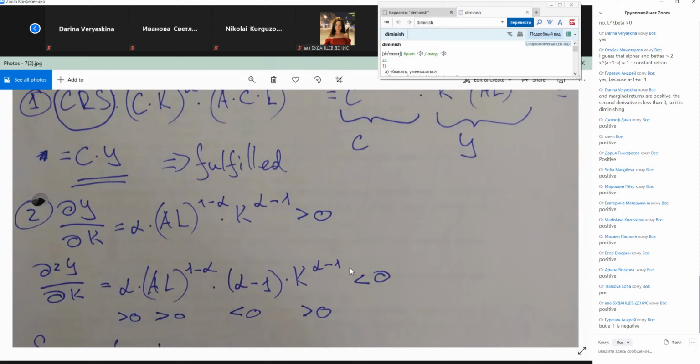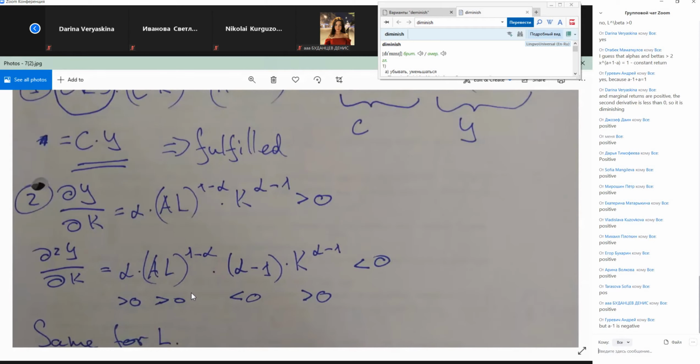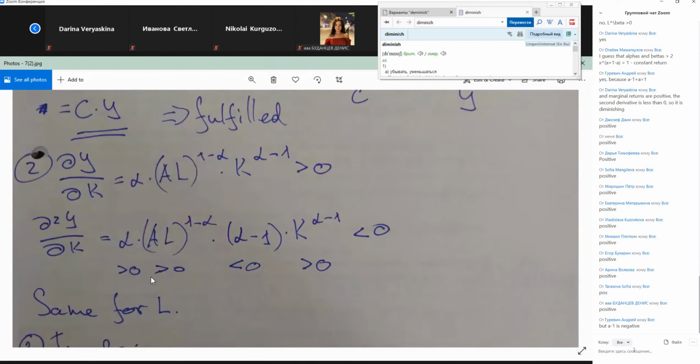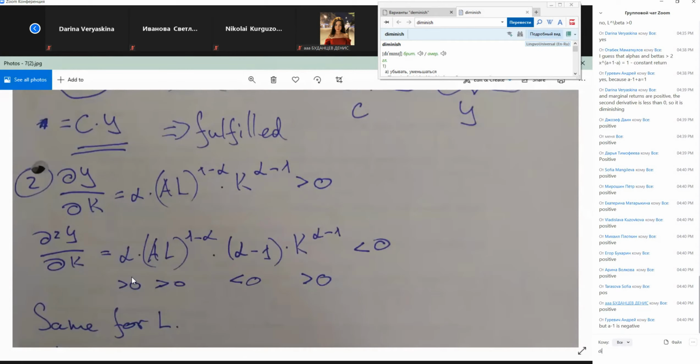Regardless of the power, it will always be positive. So we have three positive factors and one negative, so the whole thing is negative. So we have positive and diminishing marginal returns. That's our assumption, our requirement for this neoclassical function. Two are fulfilled so far.